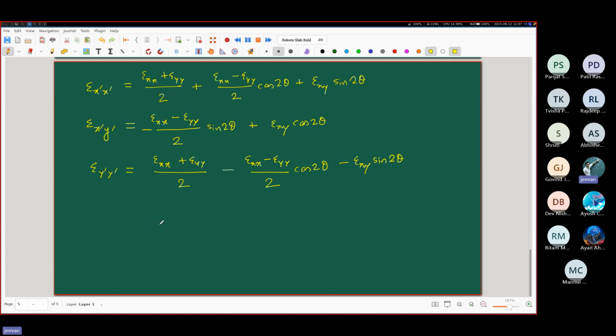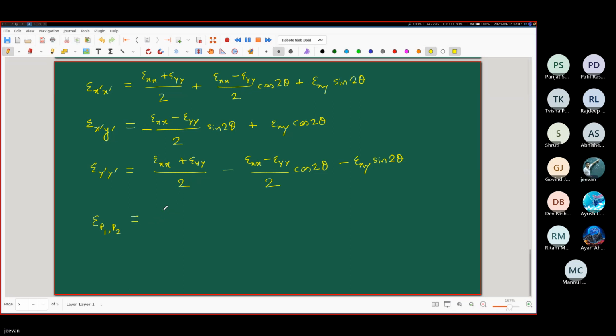But in this transformation of strain, there are a couple more things you require that we will discuss. But before we launch into that, just tell me by analogy with the stresses, when we confine our viewpoint to a single plane, what will be epsilon P1 and epsilon P2?